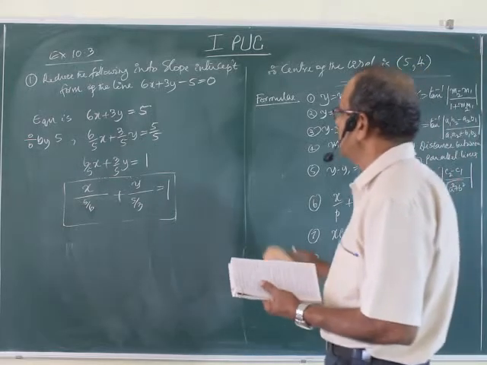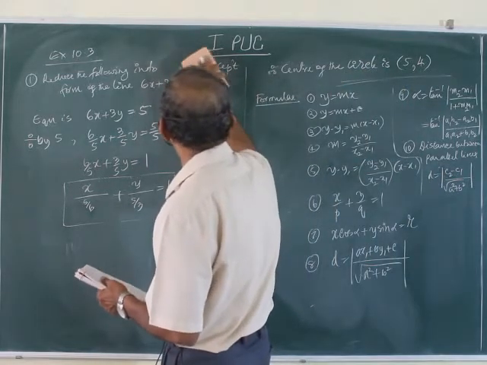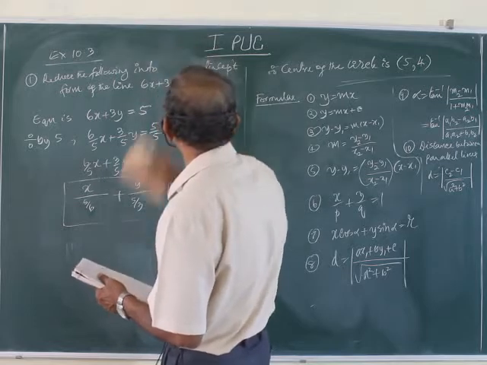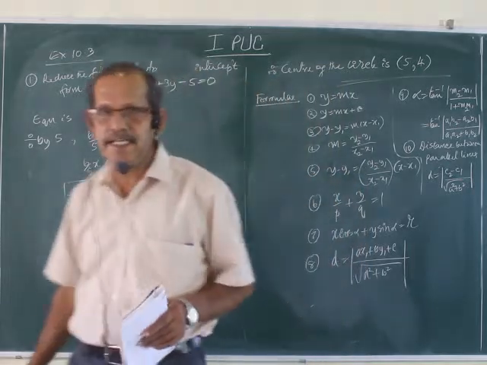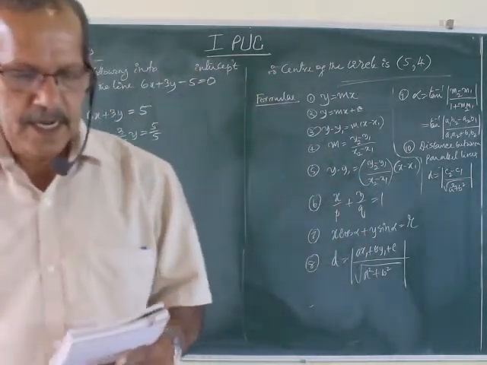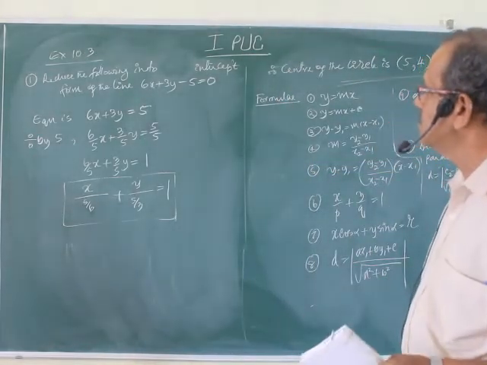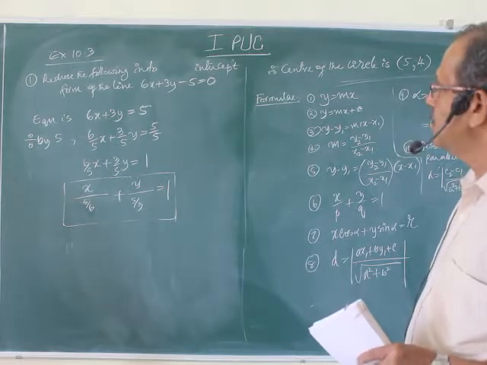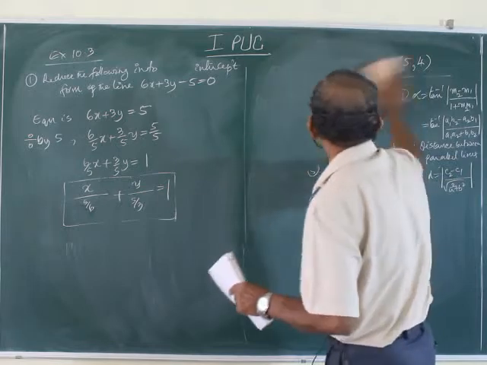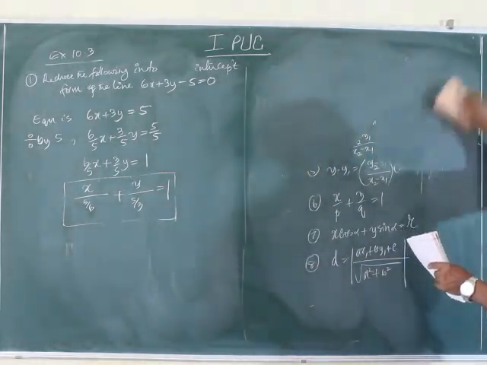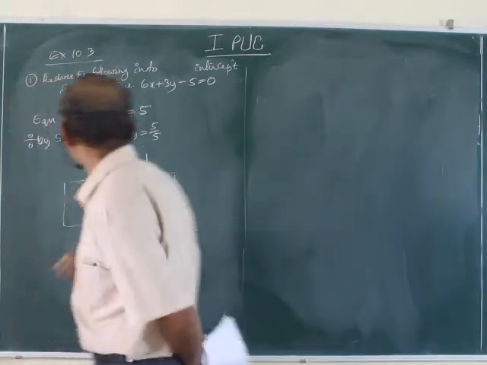Reduce the following into intercept form of the line. Just to change it. However, we have solved that one. It is actually given as slope intercept form. No problem. Remove that slope. Let me give one more example. In order to write the equation in the slope intercept form, let me give one more.